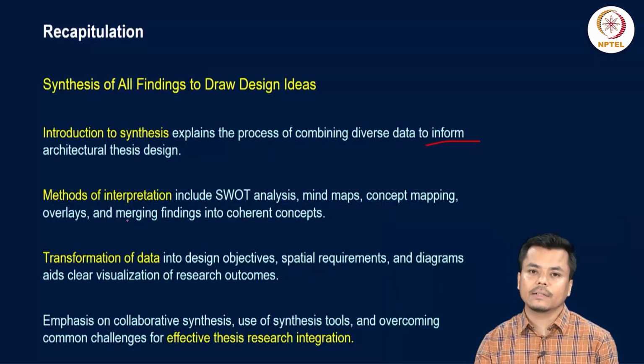These different methods are used to merge findings into the coherent concept that you can develop. So transformation of data into design objectives was understood, how it is done, the spatial requirements, how they are calculated or finalized for the project, and all these details were understood in the previous presentation.